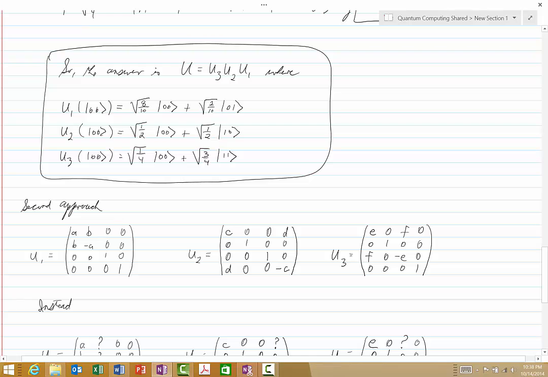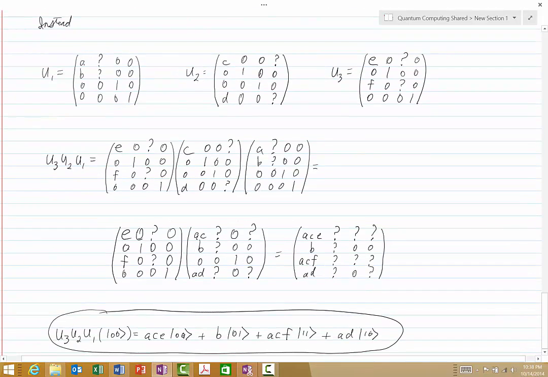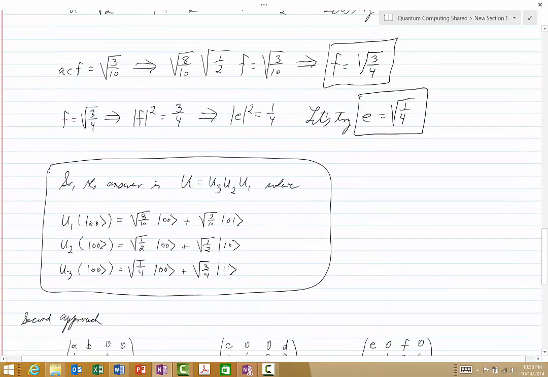Here, we already have our two-level unitary matrices, and this is telling us that this implementation right here, as long as we choose these coefficients so that it gives the desired values, will work. So that would be a second approach for solving the last problem in test 20, and then also for applying it to example 4.